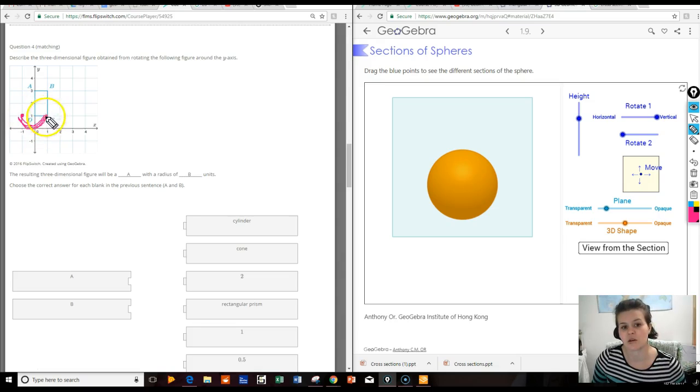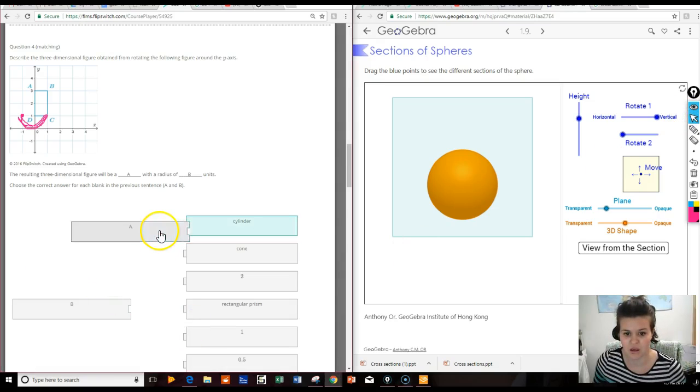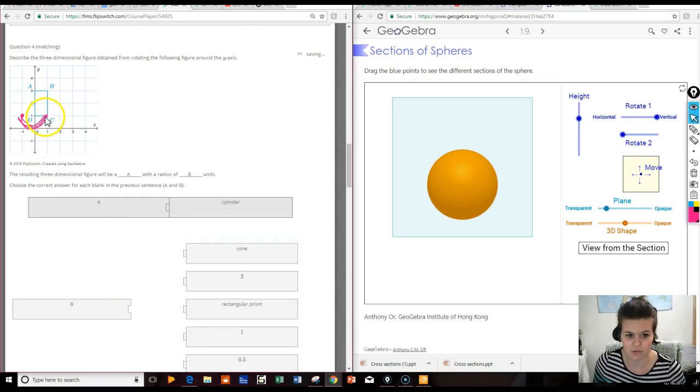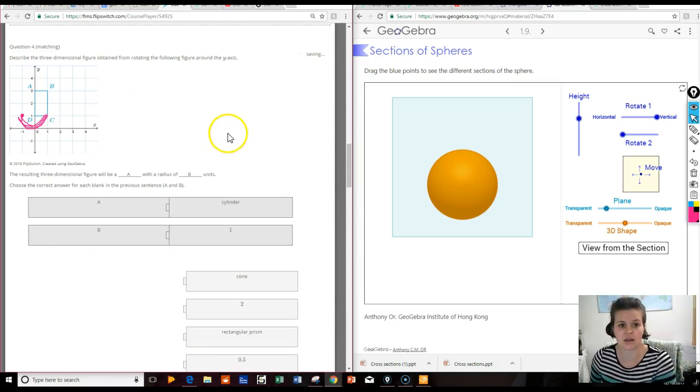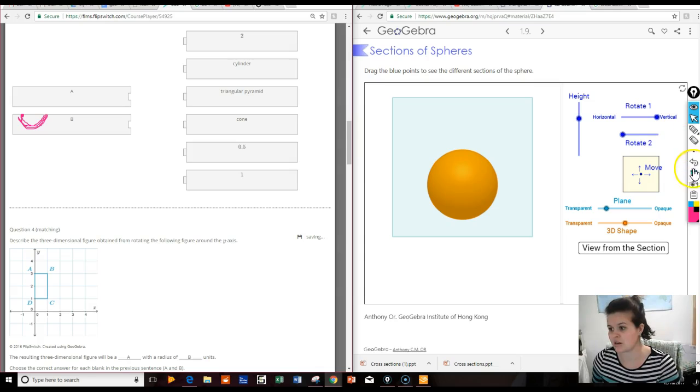So we're going to have a circular base with a height, and we're going to have a cylinder. And the radius will be 1 unit, so it's from its center to the corner that will be rotated.